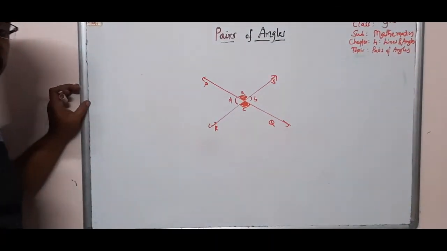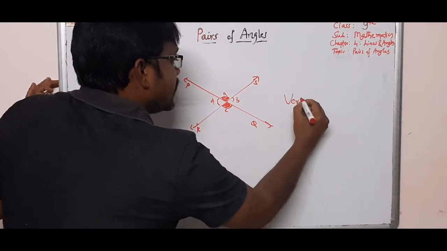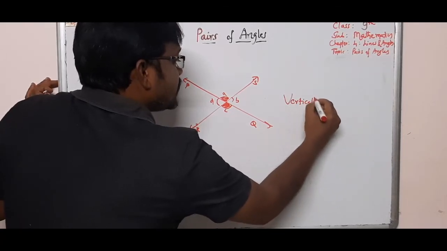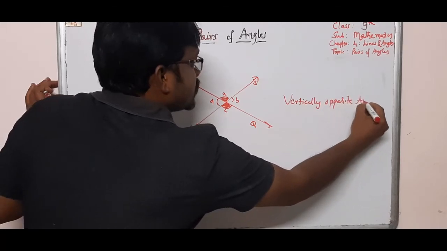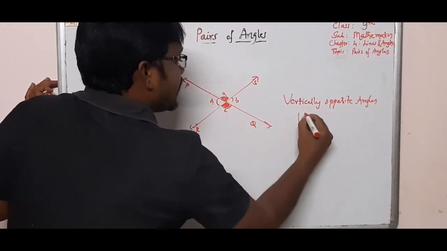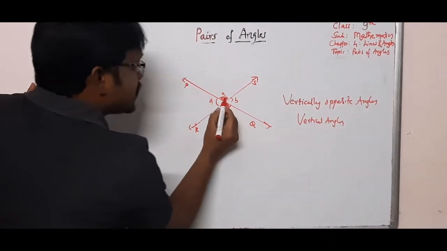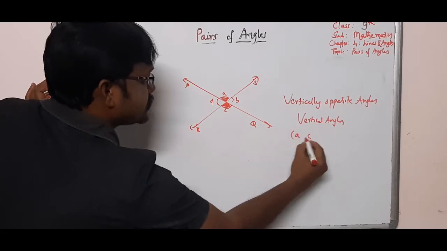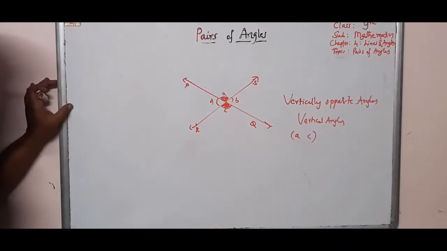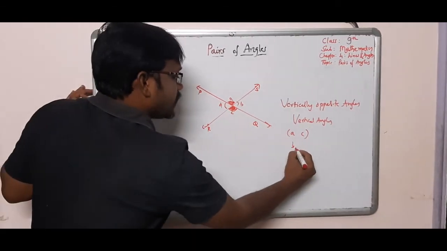A and C are known as vertically opposite angles, or sometimes they call them vertical angles also. A and C are vertically opposite angles. Also here B and D, one more pair.